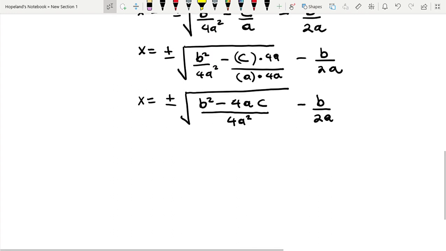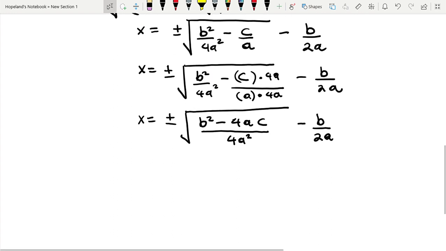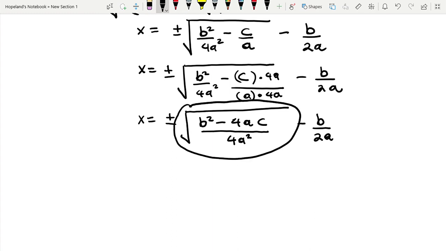What we have to do is take the square root of the bottom part of this fraction right here. Since we can simplify that, we'll have x equals plus or minus the square root of b squared minus 4ac over 2a.